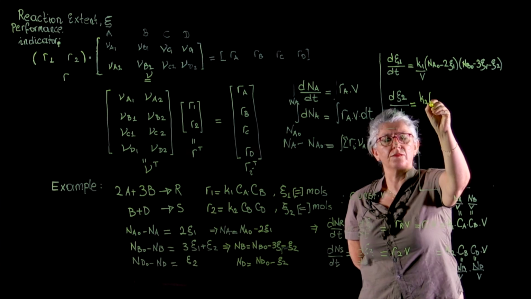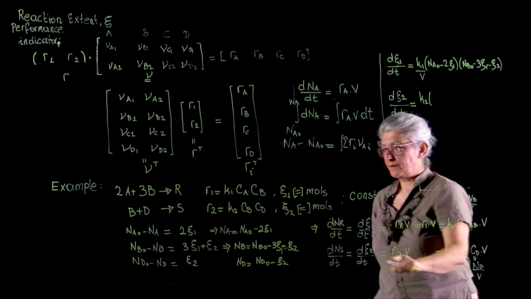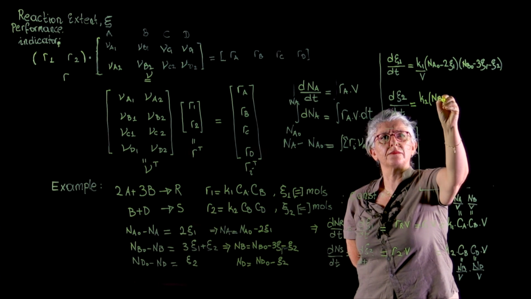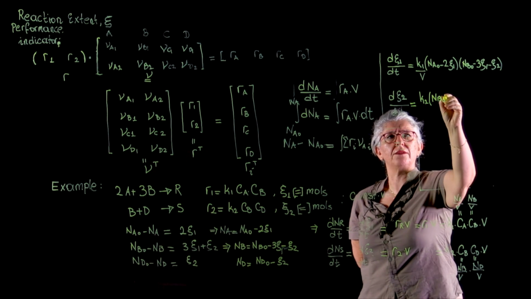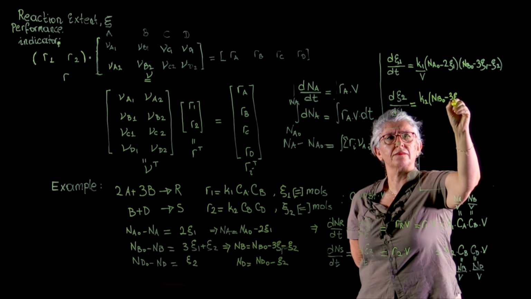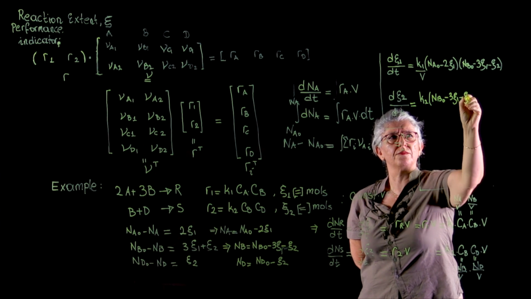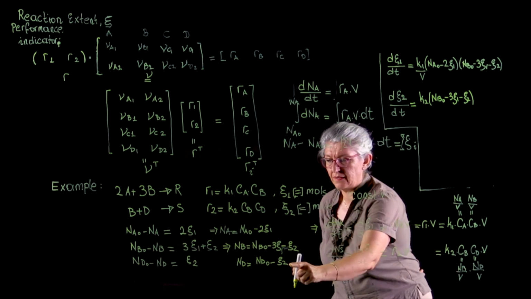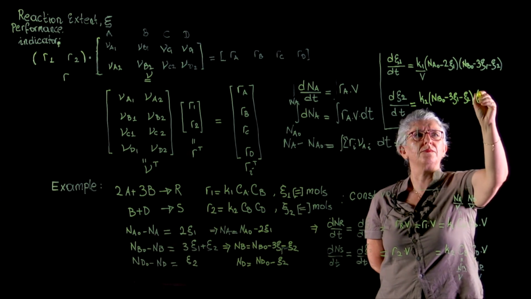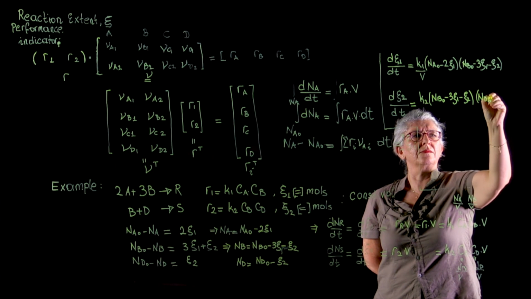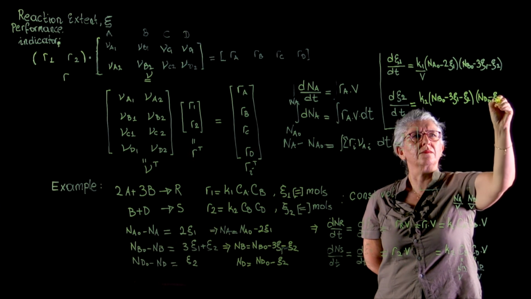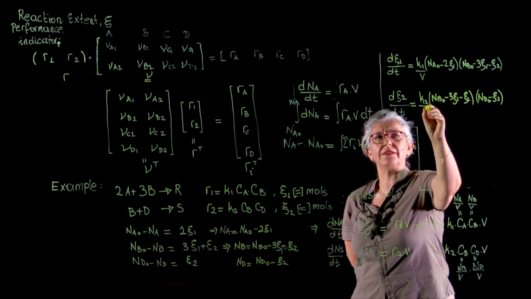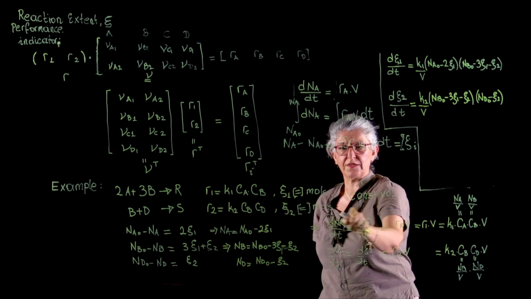K2 times Nb0 minus 3 psi1 minus psi2 times Nd0 minus psi2, divided by V square multiplied by V divided by V. Volume is constant.